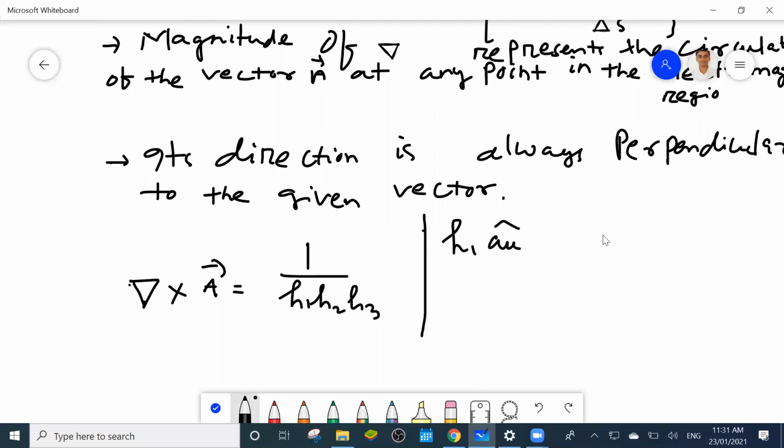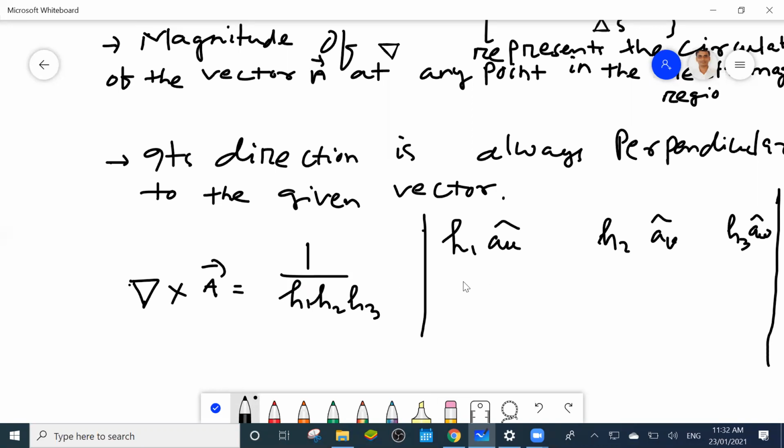The first row is h1 a_u cap, then h2 a_v cap, then the last one, h3 a_w cap. So this is the first row element.